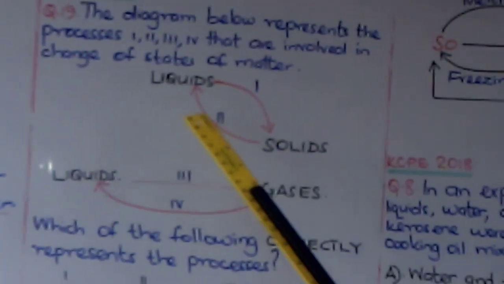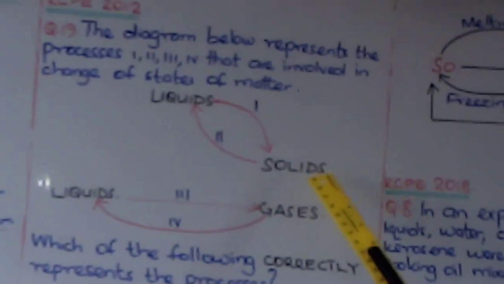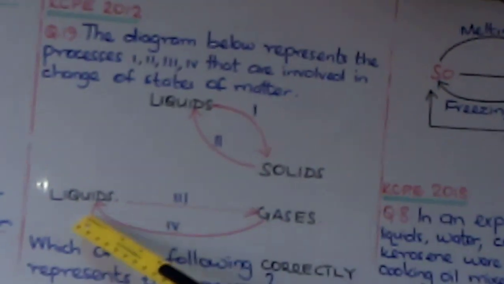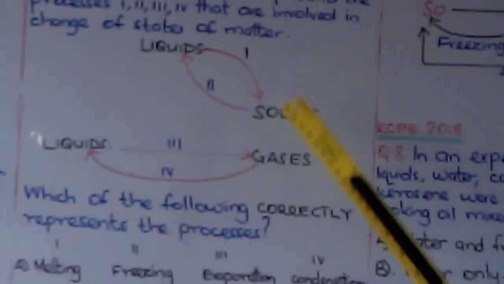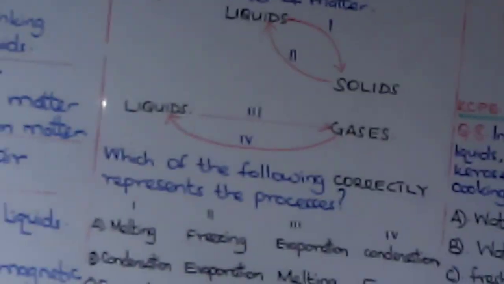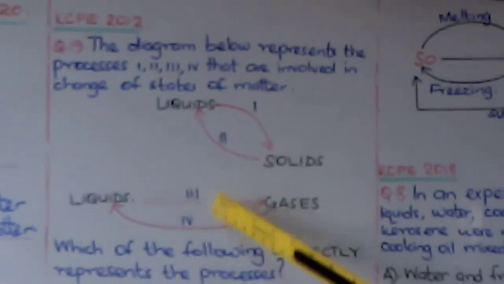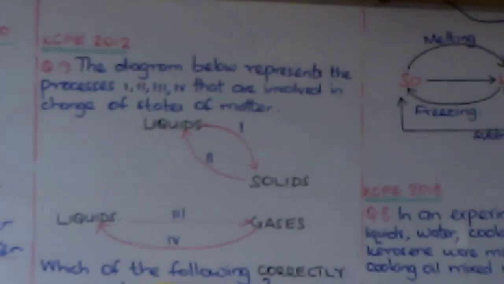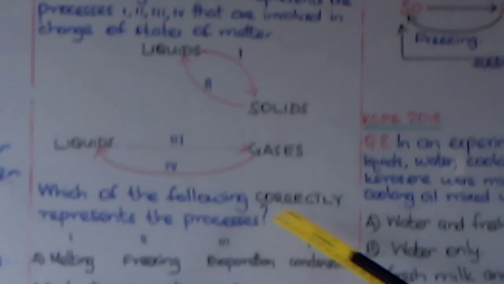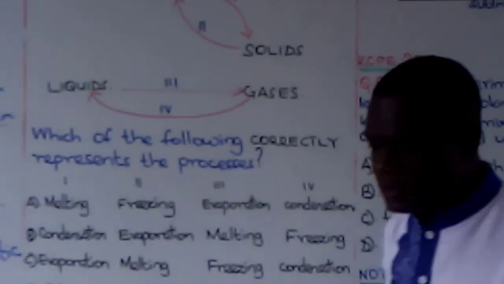This is the diagram. We've got the liquids and we've got the solids. Then we've got the liquids and the gases. 2 diagrams in one. And we have process 1, process 2, process 3, and process 4. Which of the following correctly represents the processes? Boys and girls, that is the question.